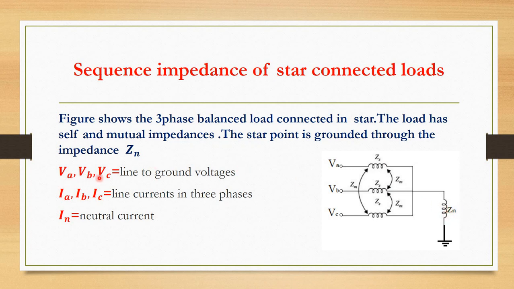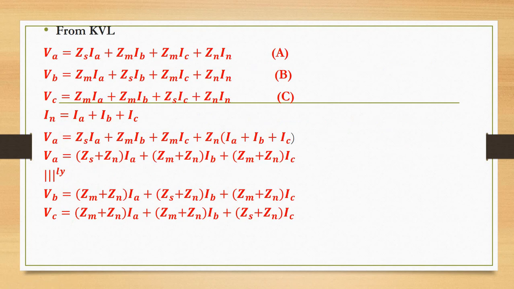So VA, VB, VC are line to ground voltages. This current is IA, this is the current IB and this current IC. And this is the neutral current. Next, for the same circuit, I am going to write the equations.